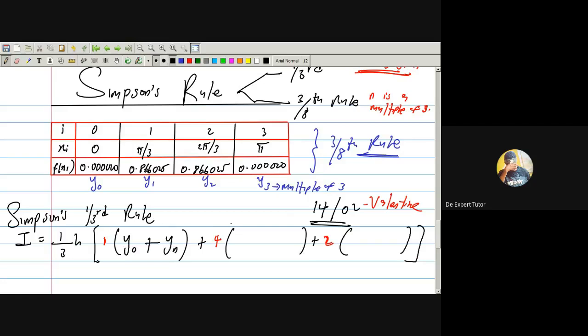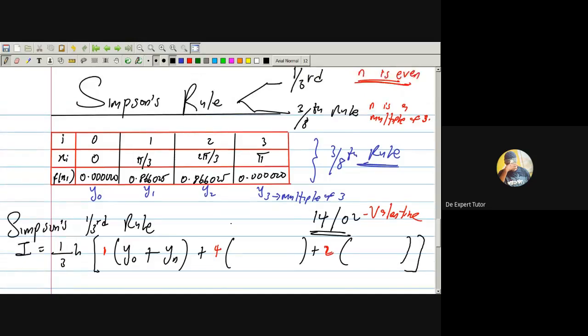Then remember I told you that 1/3 is used when n is even. Now, what you will do is put the y here that disobeys this rule.